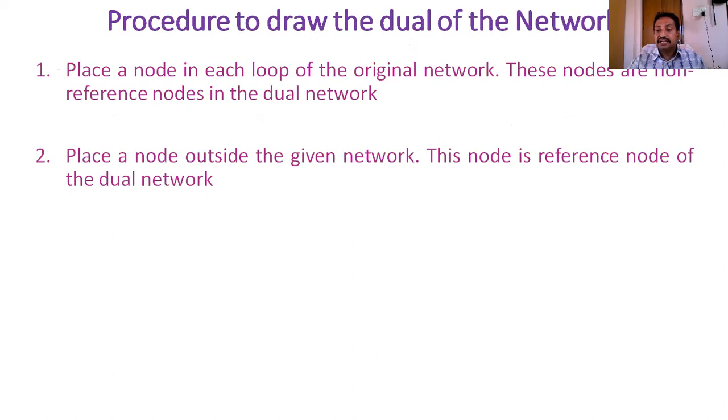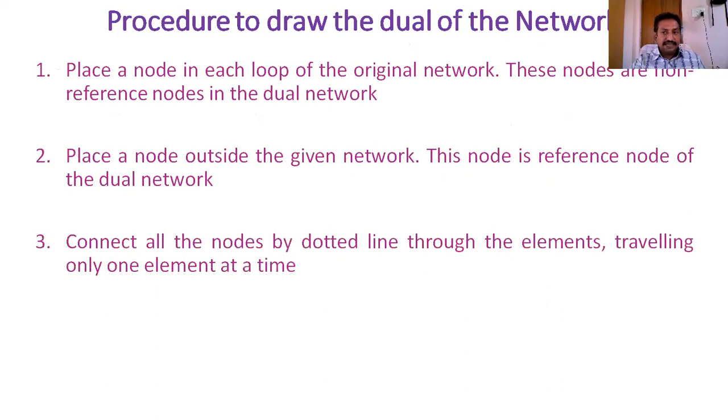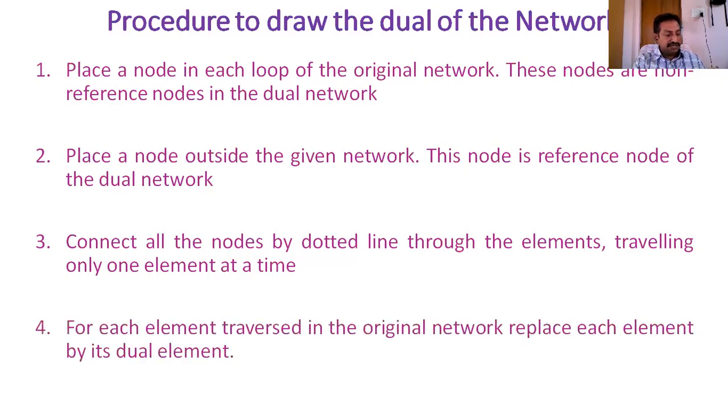This node is the reference node of the dual network. Then connect all the nodes by dotted lines through the elements, traversing only one element. For each element traversed in the original network, replace it by its dual element. So this is the procedure.